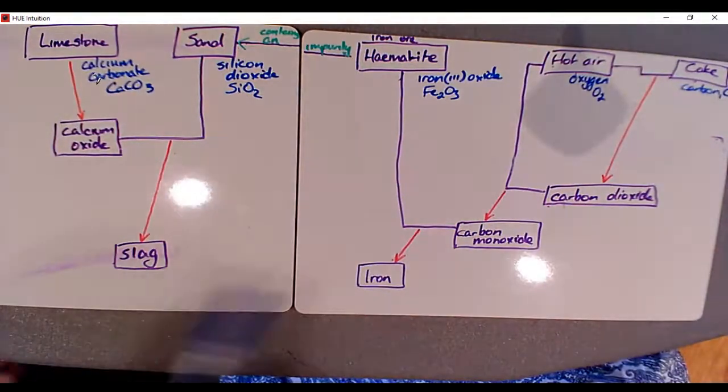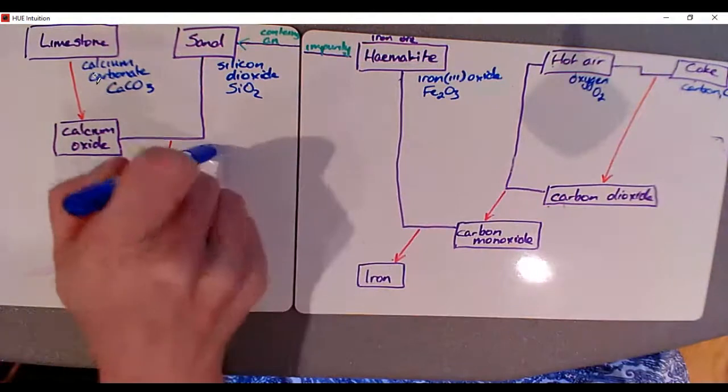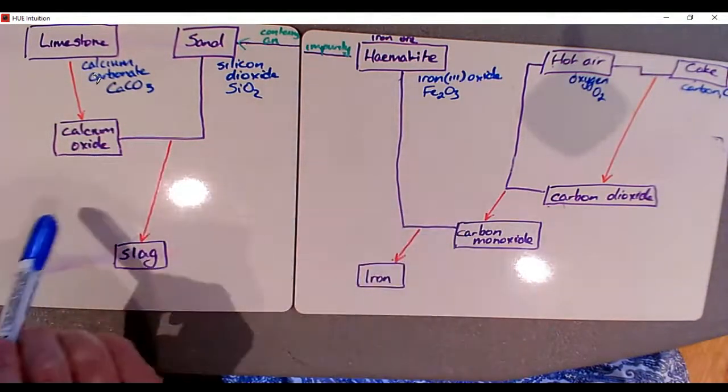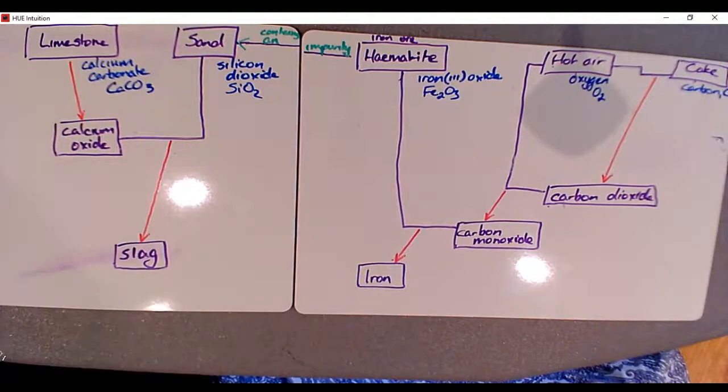There's slag and iron, and 2 different sets of reactions to produce each. If you look at the diagram of the blast furnace, okay, that's the one from my notes.